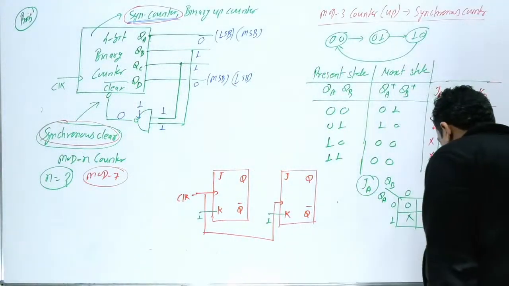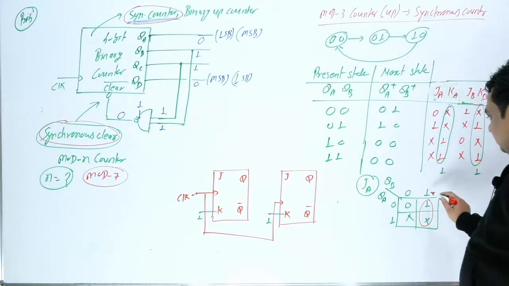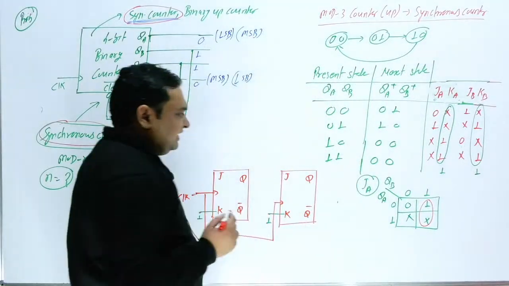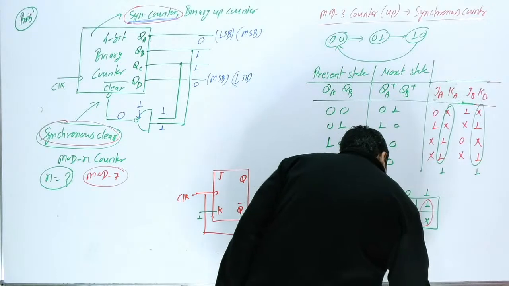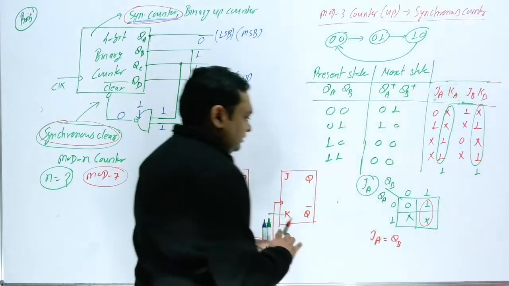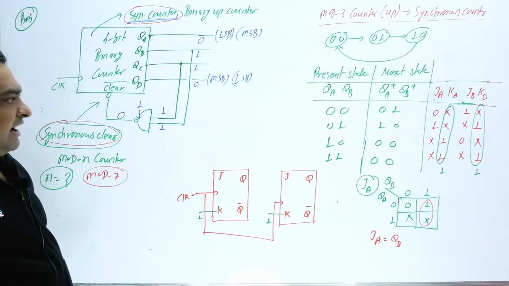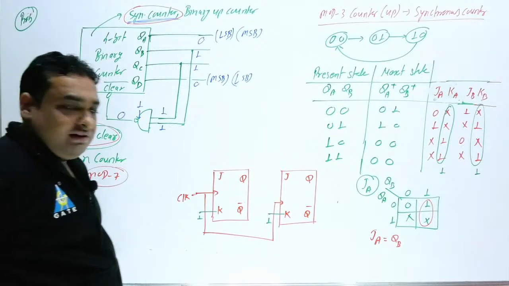You can form this group, 1x, and this is nothing but QB. So JA is nothing but QB. So can I write here JA is equal to QB?